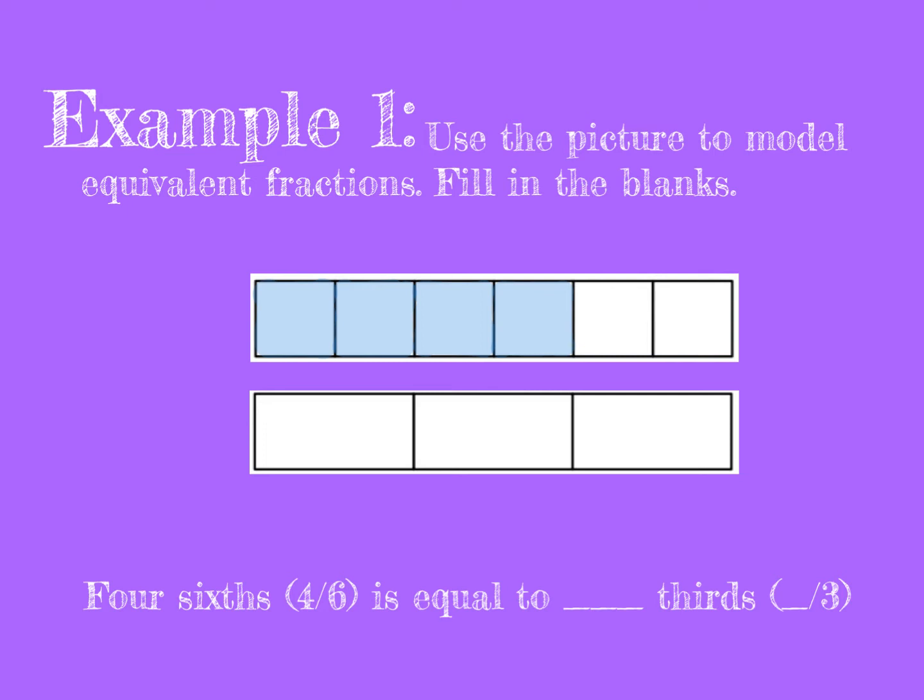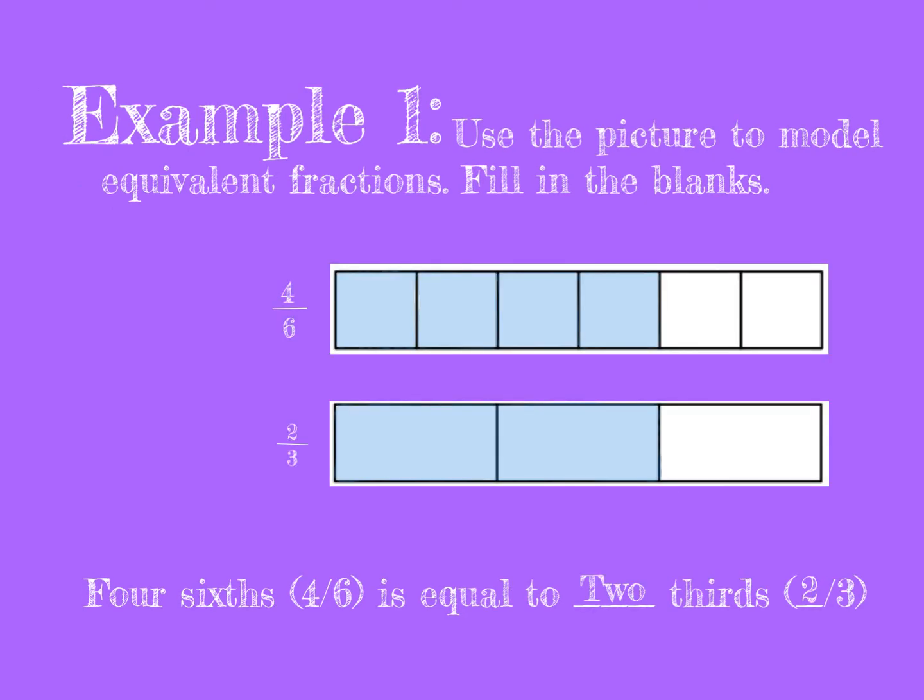Now we're going to look at the bottom one and fill in the same amount as the top one. So we are filling in 2 equal parts out of 3. Therefore, 4/6 is equal to 2/3. This is because 4/6 is split into 6 smaller equal parts than 2/3, because 2/3 is only split into 3 equal parts.